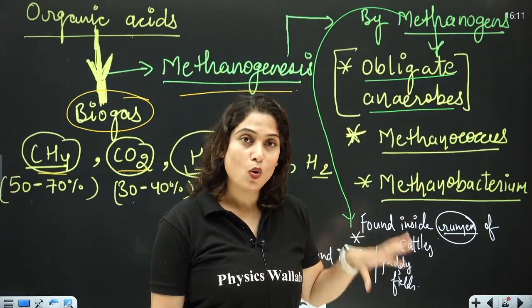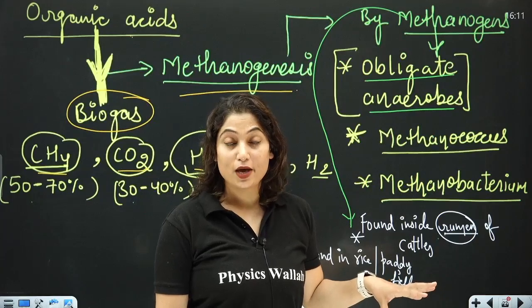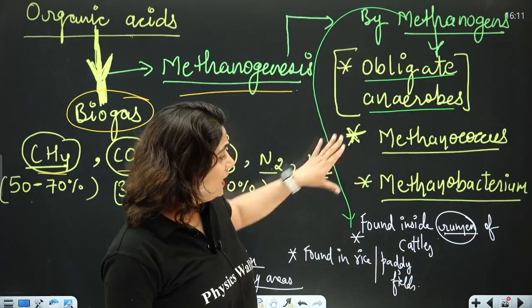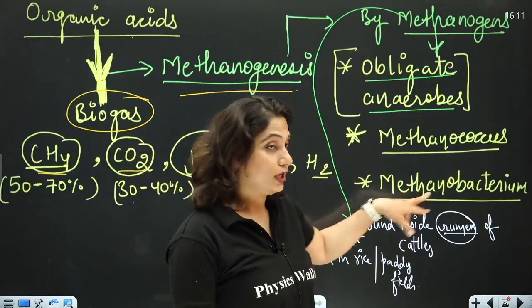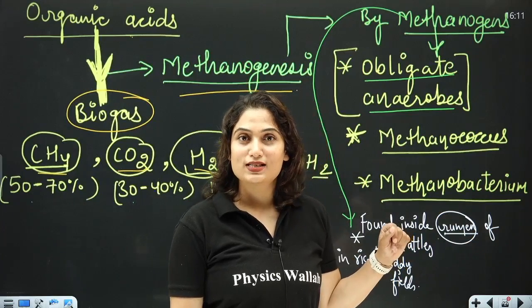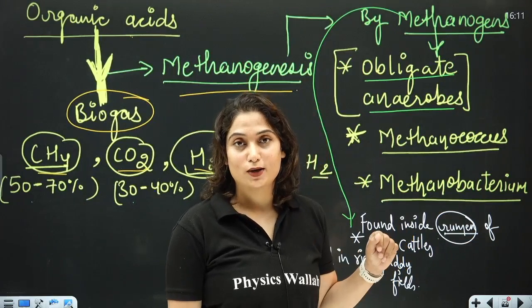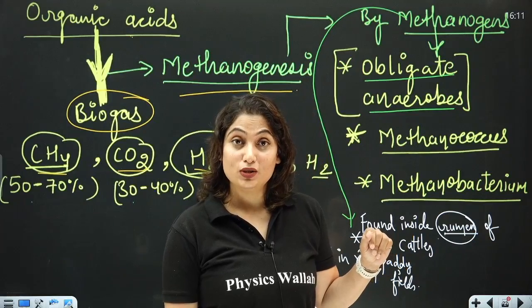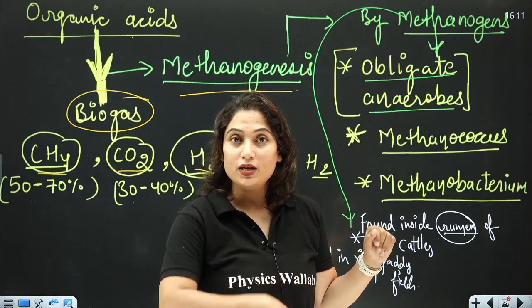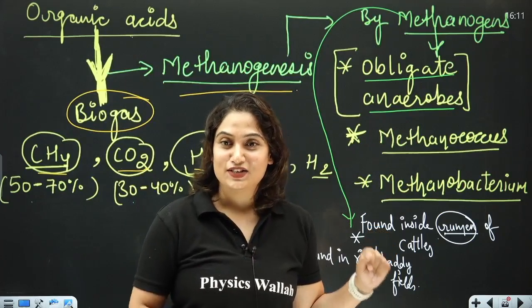They are found only and only in the places where oxygen is completely absent, like Methanococcus and Methanobacterium. And do you know one important thing about them? I have told you this in biological classification, that methanogens are also found in symbiotic association in the rumen, in the stomach of cattle, right?